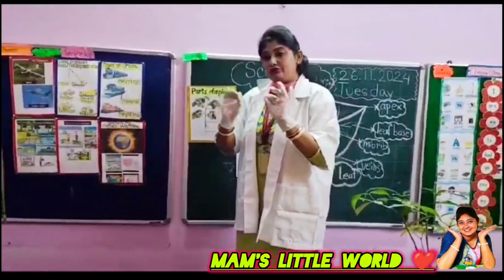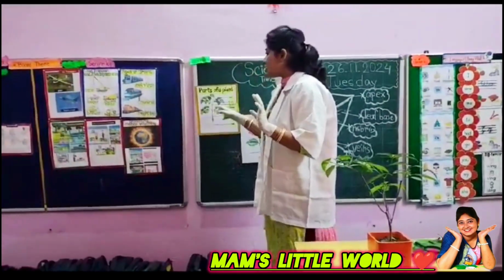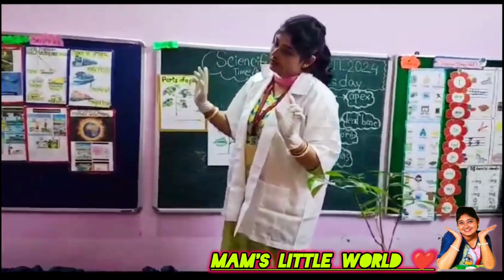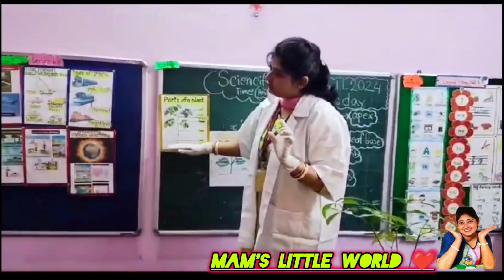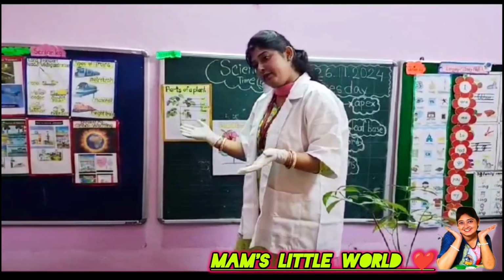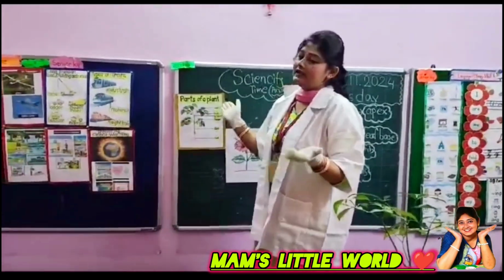This shoot part is divided into different parts like stem, branches, flowers, fruits, and leaves. Clear? The root is under the ground, and the shoot is in the upper portion above the ground.